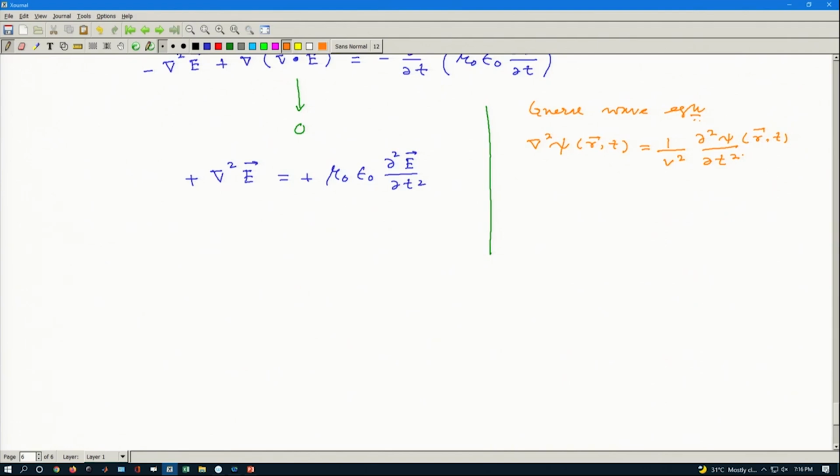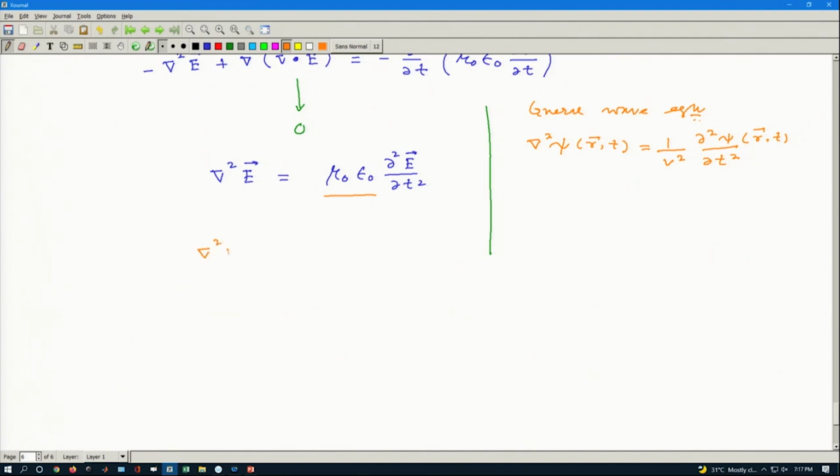So, now if I look carefully at these two equations, we can see that E is also following it. So, let us remove this from both sides. So, E is basically satisfying the wave equation under the condition that this can be written in terms of the velocity. So, how do I write this in terms of velocity?